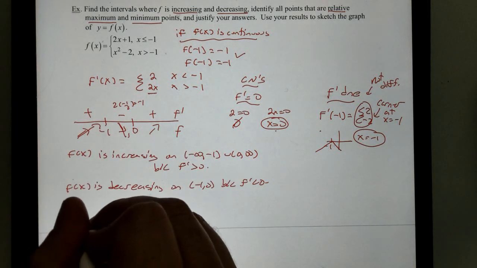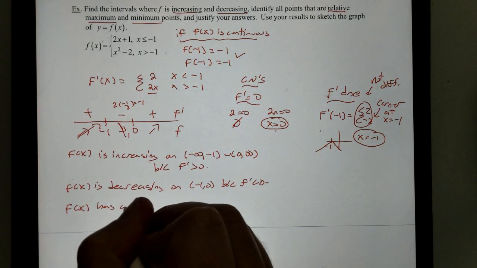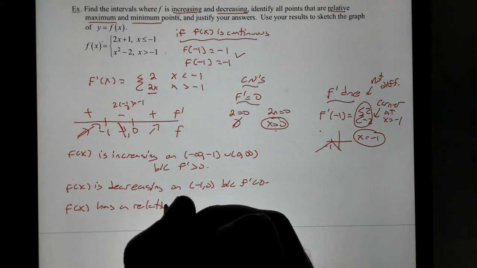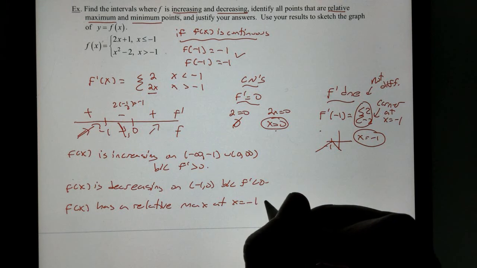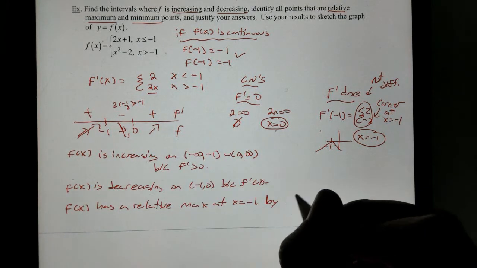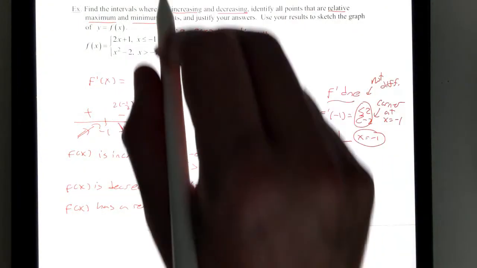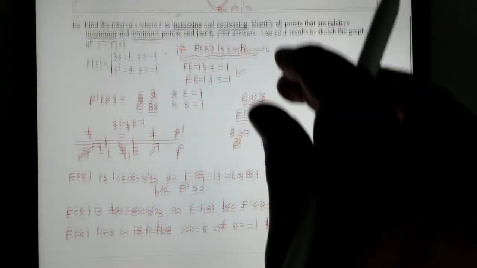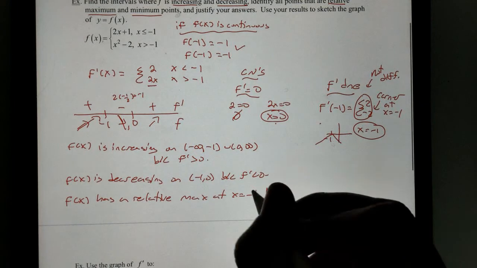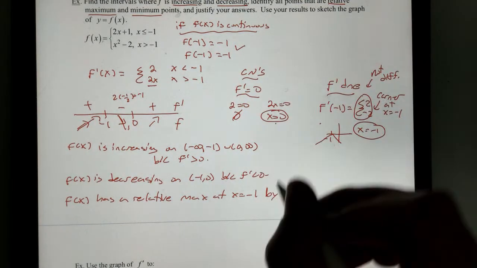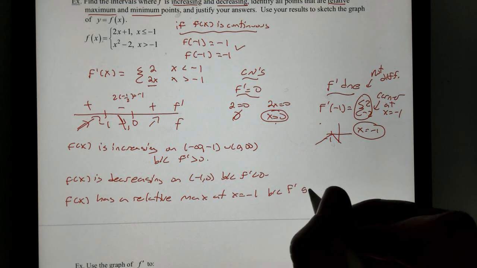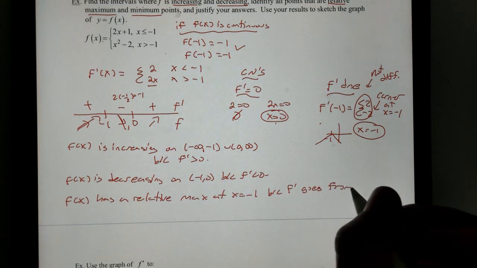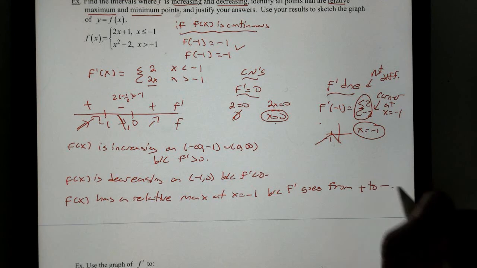So we can say f of x has a relative max at x equals negative 1, and that is because of our rule from today: the slope goes from positive to negative. We go from positive to negative, so it's going to be a relative max because the derivative goes from positive to negative.